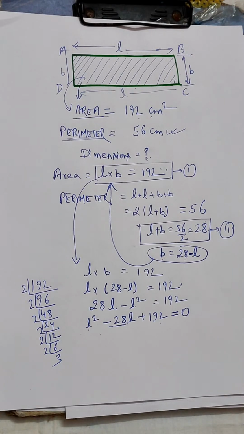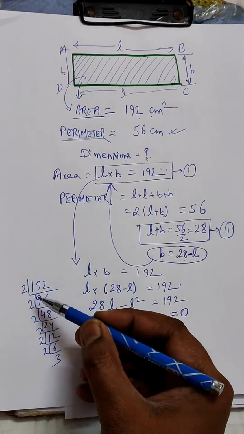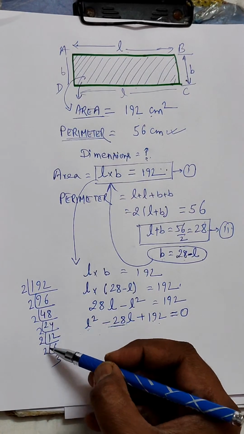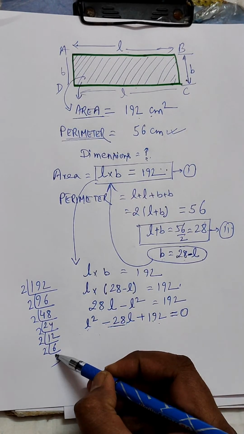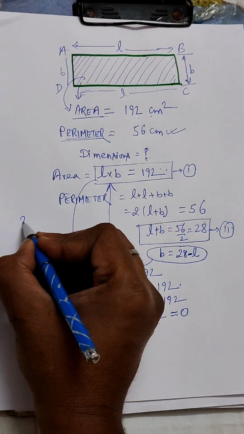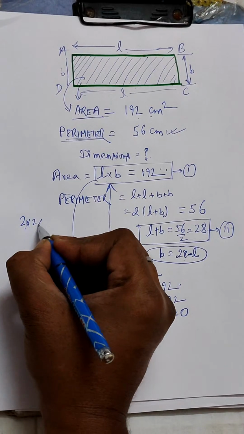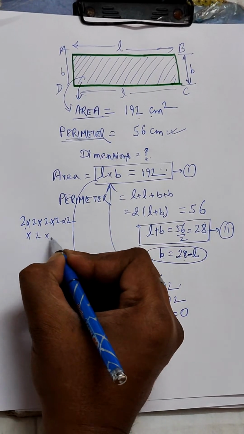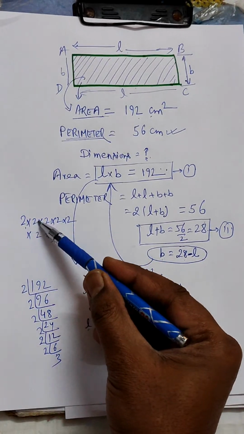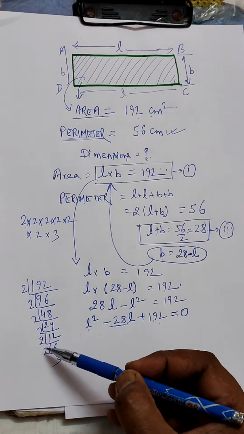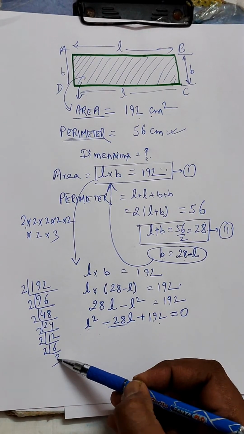So it will be 2 2 2 2 2 2. So you can see 6 times 2 is coming and 1 time 3, right? So 192 can be written as 2 into 2 into 2 into 2 into 2 into 2 into 3, because 1 2 3 4 5 6 times 2 and 1 3.